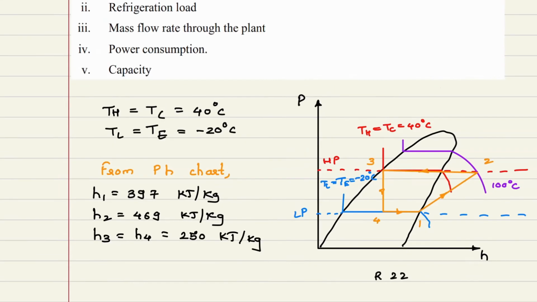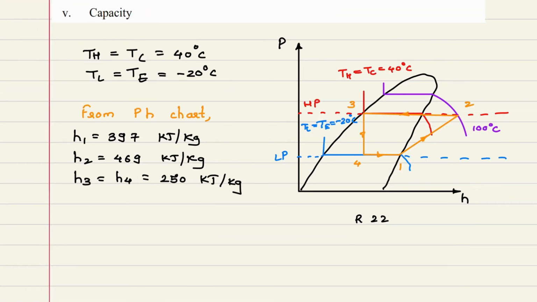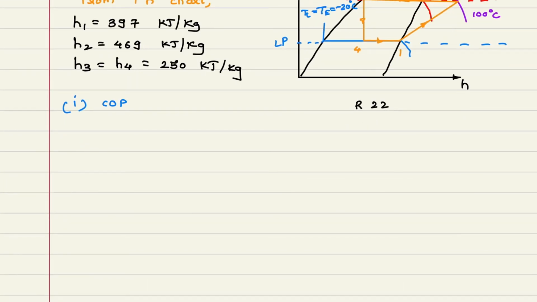Now what is the first question? COP of the cycle. COP will be refrigerating effect, H1 minus H4, upon compressor work, H2 minus H1. First calculation is COP. This will be theoretical COP. So the COP equation: theoretical COP is refrigerating effect upon compressor work. So H1 minus H4 upon H2 minus H1.